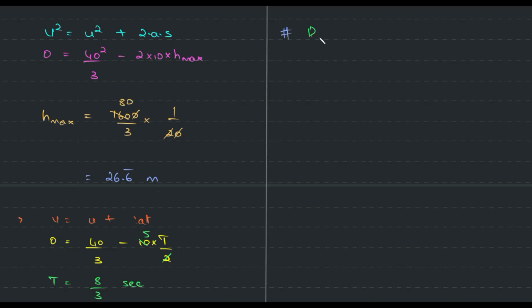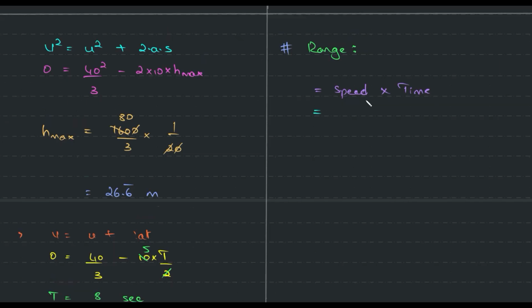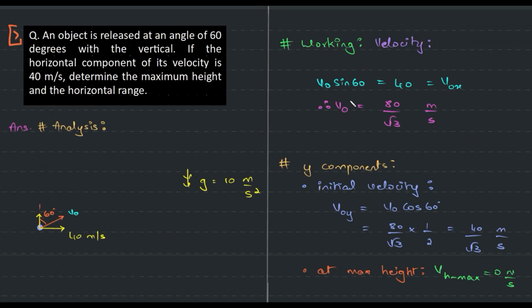And now I'll find the range. I know there's a direct formula, but I like to do this. So range will be your speed into time. Your speed is 80.